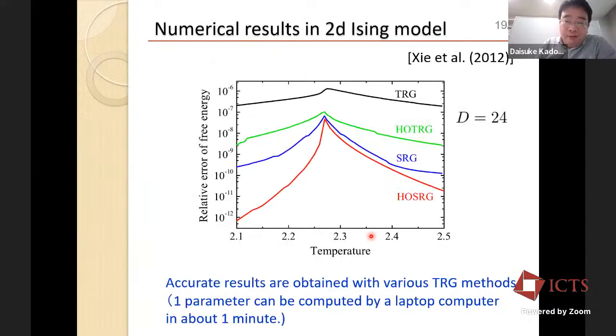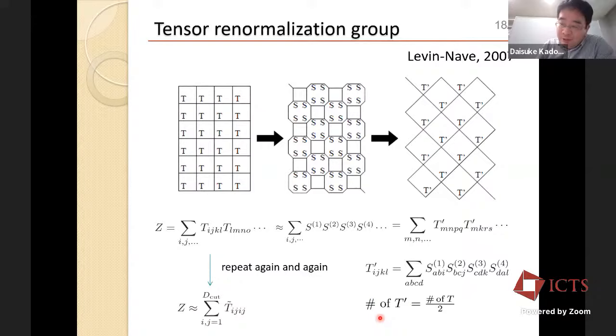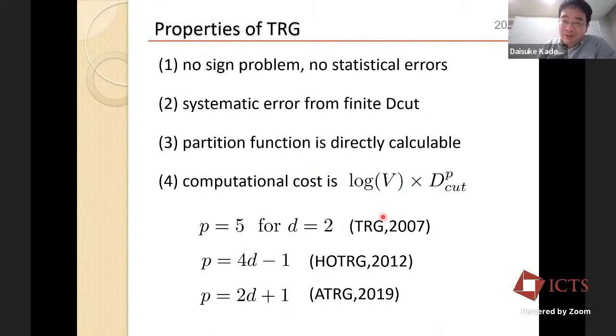The number of renormalization steps scales with the logarithm of the volume, because the number of tensors is reduced in half per renormalization step. So the number of renormalization steps is proportional to the logarithm of the volume.